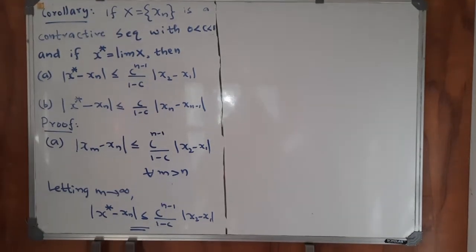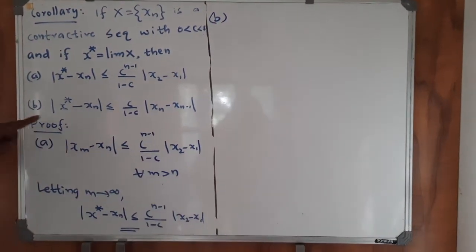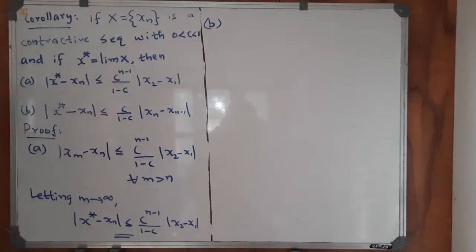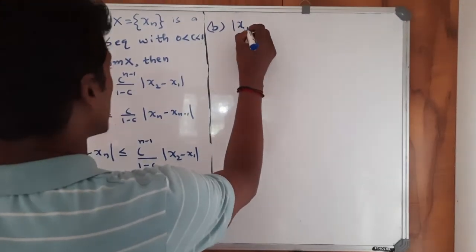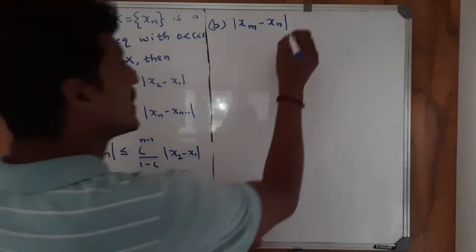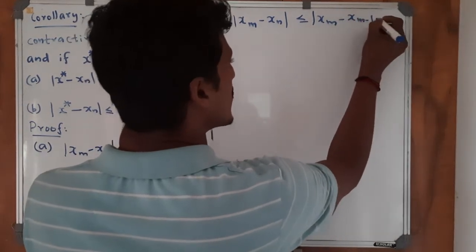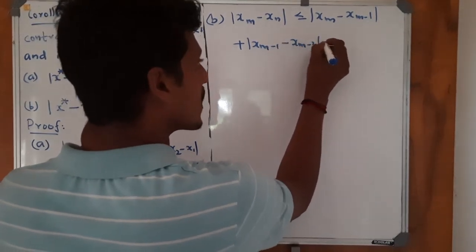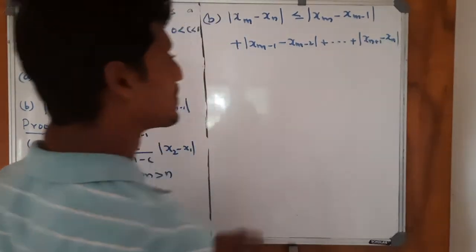Now we have part B of the corollary. We have to prove modulus of x star minus xn less than or equal to c by 1 minus c into modulus of xn minus xn minus 1. So we have modulus of xm minus xn, by triangle inequality, less than or equal to modulus of xm minus xm minus 1 plus modulus of xm minus 1 minus xm minus 2 plus etc. plus modulus of xn plus 1 minus xn.